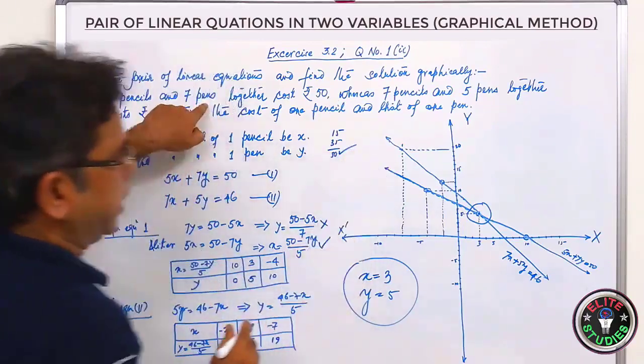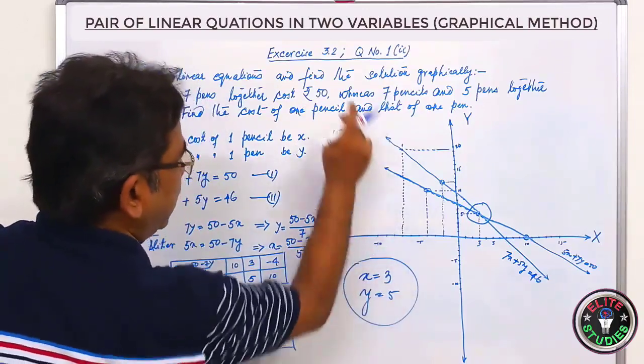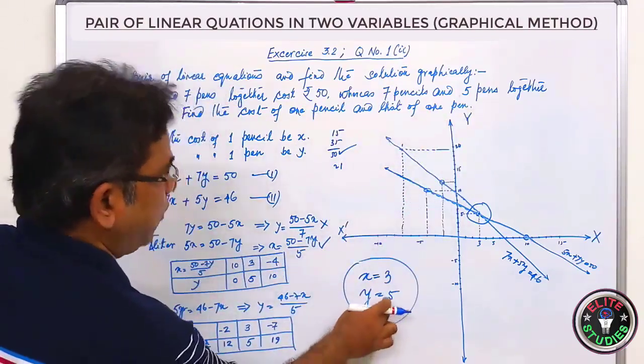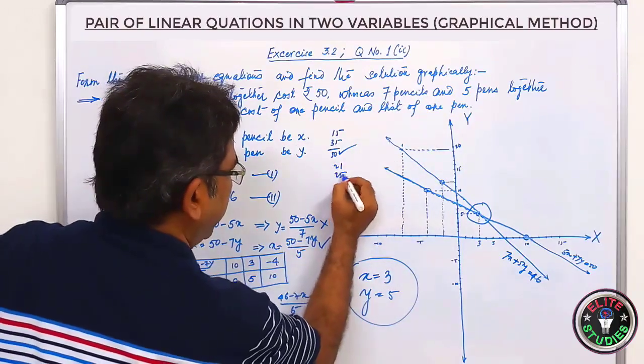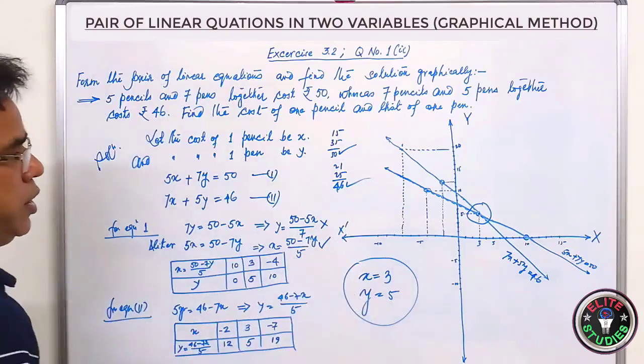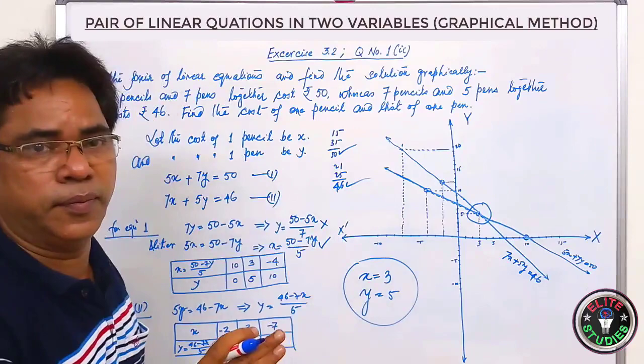The first condition is satisfied. Now the second condition: 7 pencils at ₹3 each will be 21, and 5 pens at 5 each will be 25. It is coming out to be 46. So our solution is correct without any doubt.